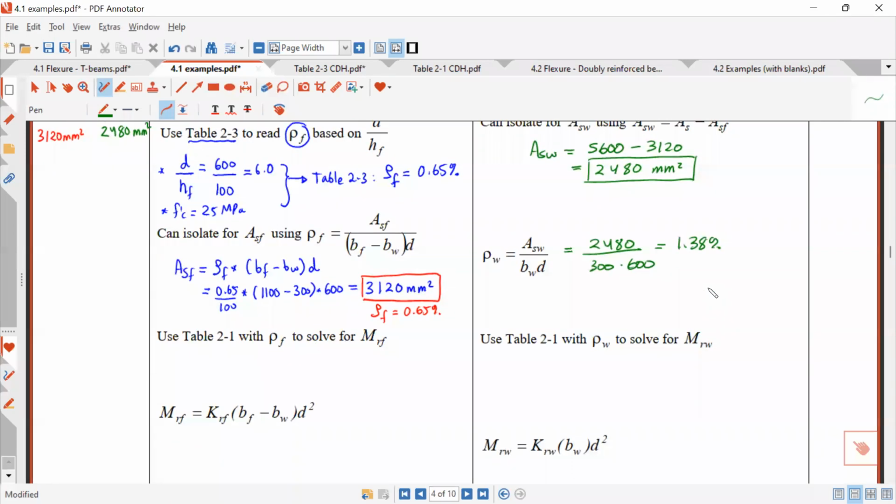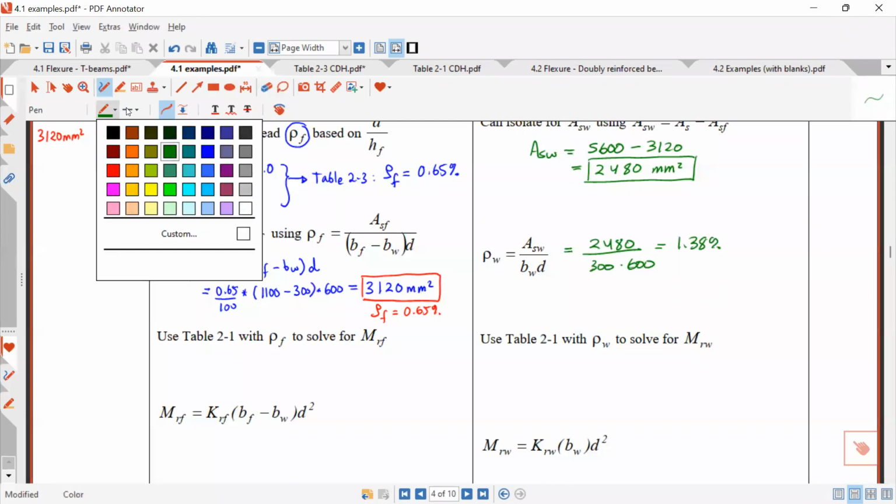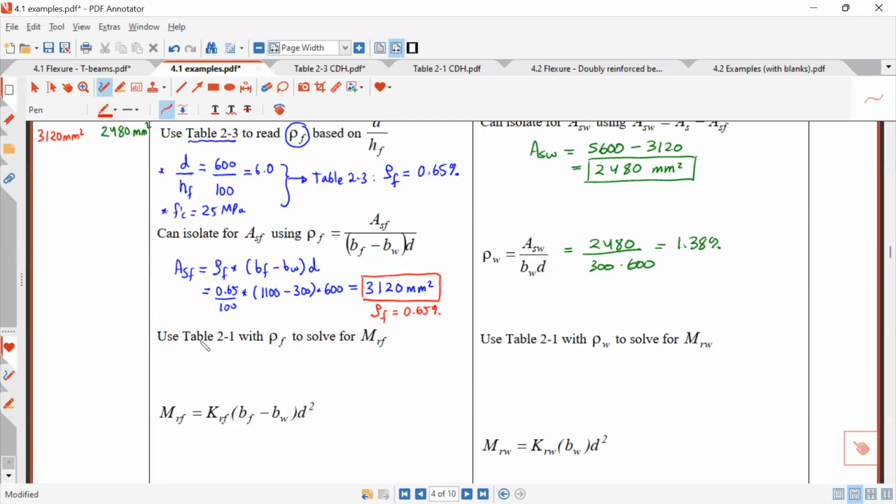Okay. So now in this next step, as I said, we're going to use both of these rho values, and we're going to go to our usual table. So we go to table 2.1. So here you're going to see I'm going to use table 2.1. Same thing here. Except here, I'm going to take rho F. So rho F is 0.65%.